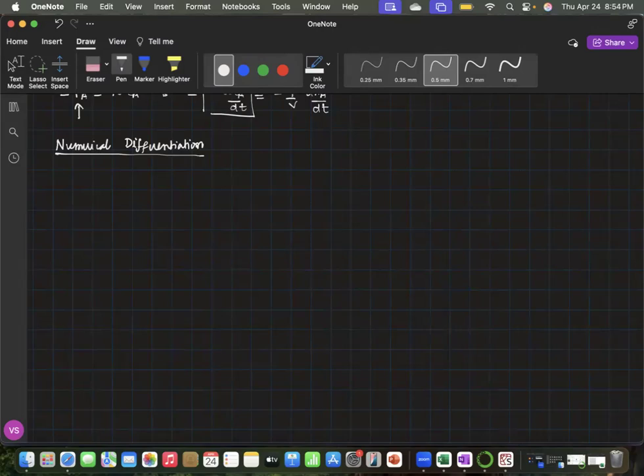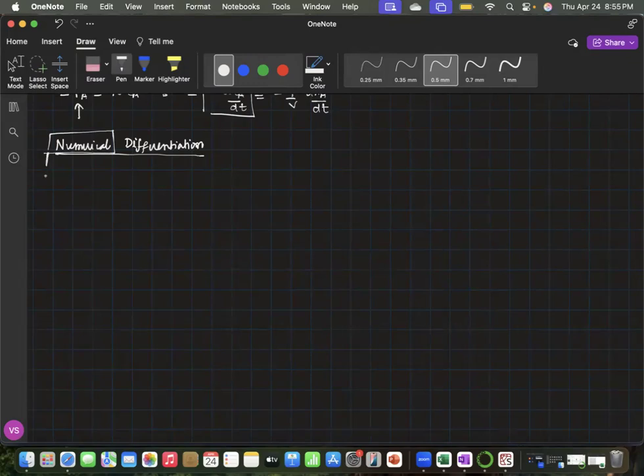So let's try to understand how we can numerically evaluate derivatives of a particular function. When I say numerically, what do I mean by that?